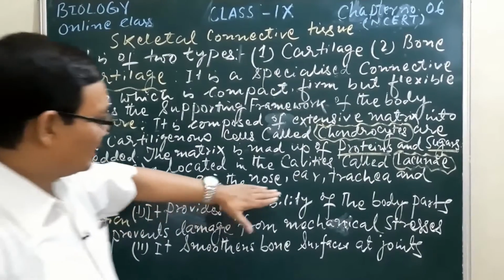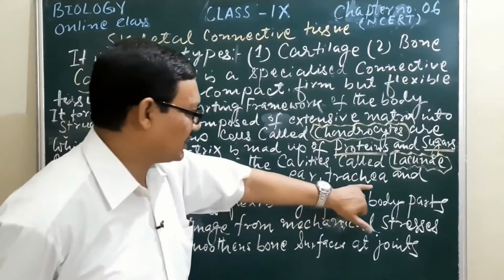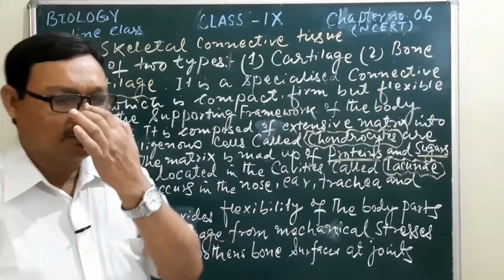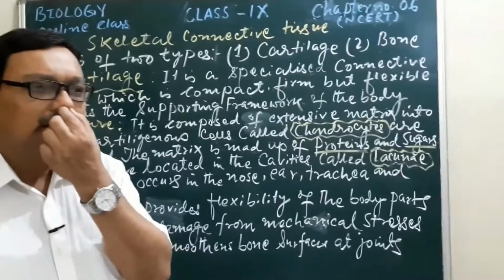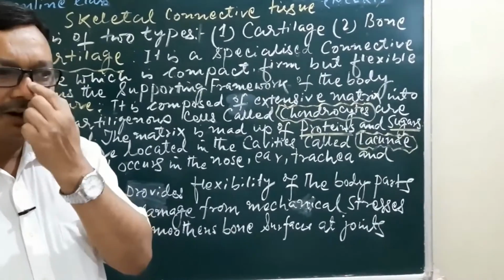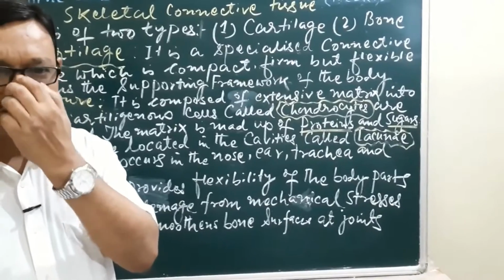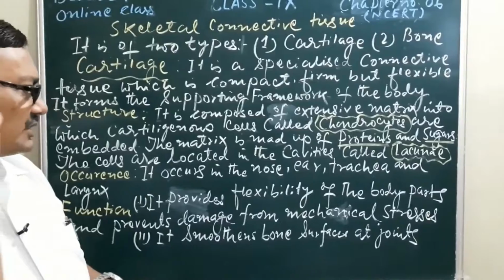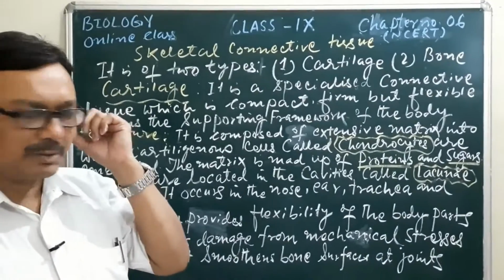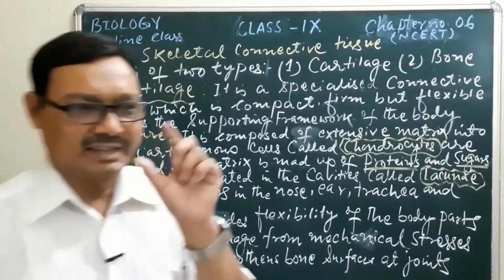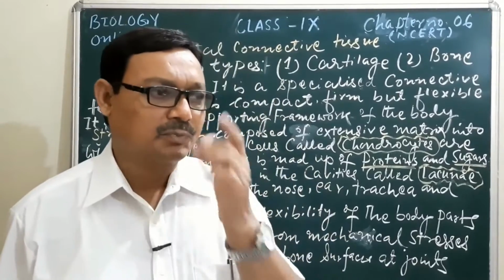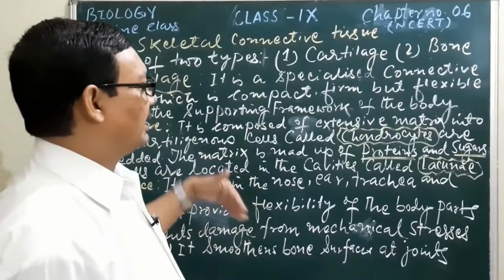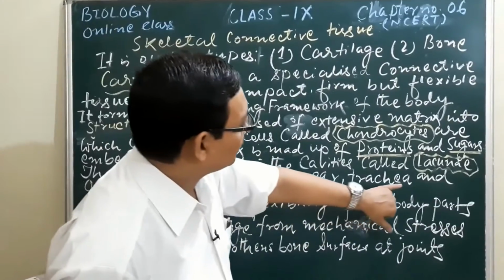Occurrence: it occurs in the nose, ear, trachea and larynx. Here in the nose, the nostrils are separated by a partition, and that partition is made up of cartilage. Just like that, the ear is also made up of it, and the trachea, that is the respiratory tract in our body or in the body of other animals.